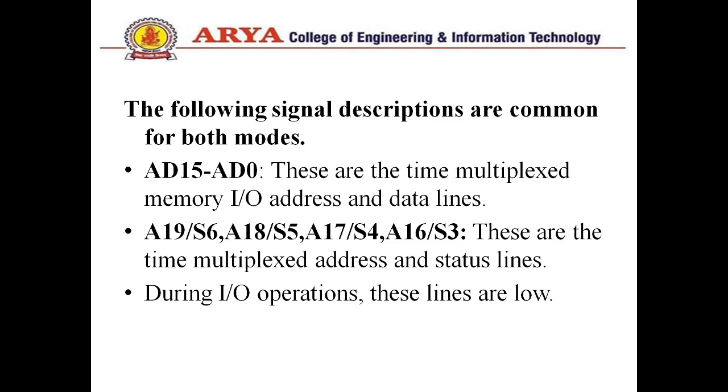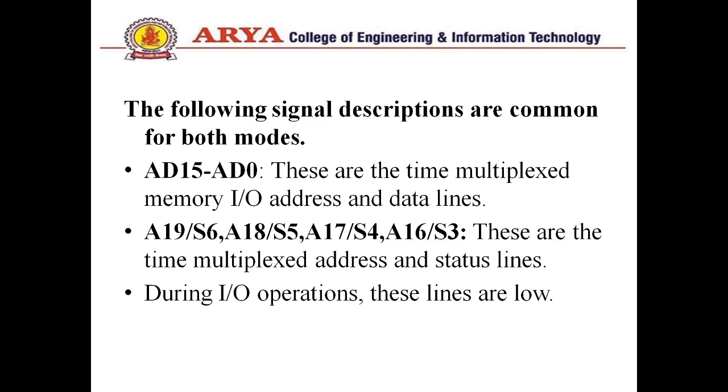First one is AD15 to AD0. What is AD here? We already discussed that. AD is the multiplexed address and data bus, which ranges from A0 to A15 for the address bus, and D0 to D15 are the data lines.